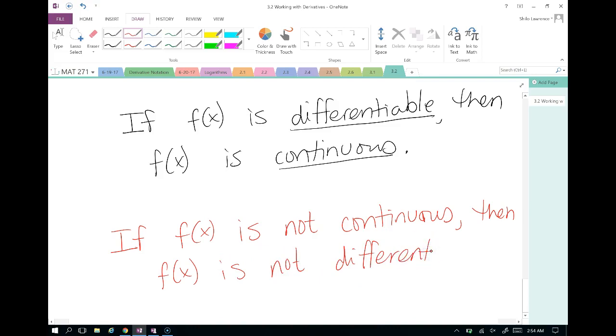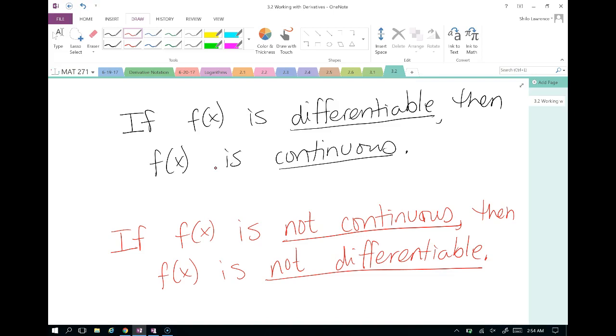So what I just did there is I switched the criteria and put not in front. If we know the function's not continuous at a certain point, then we will not be able to take its derivative there. Or if I know I'm able to take the derivative, that means the function must have been continuous. So there is a relationship between being differentiable and being continuous.